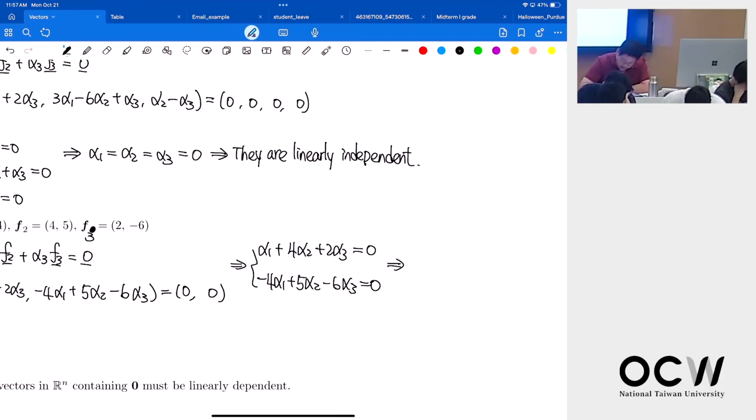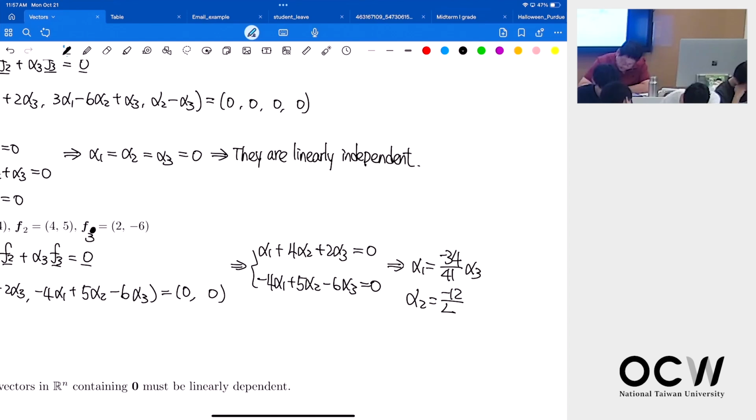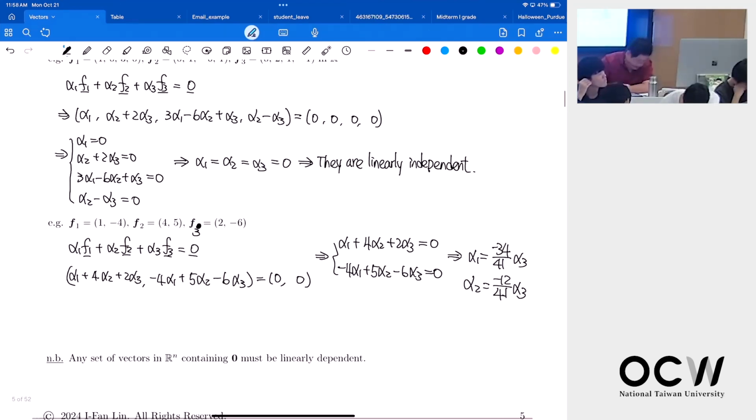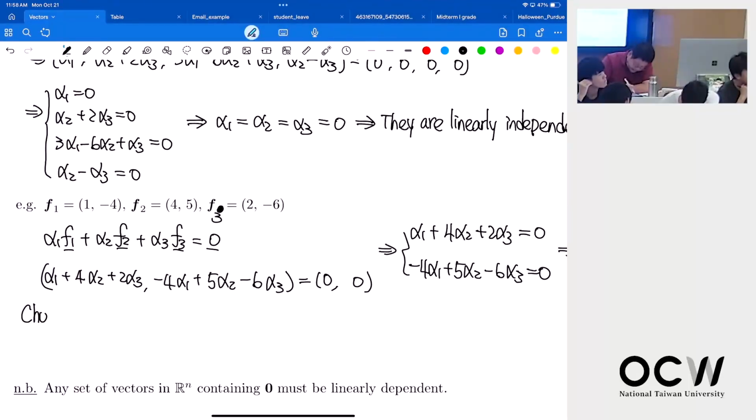How do you get alpha 1? Alpha 1 is minus 34 divided by 41 alpha 3, and alpha 2 is minus 12 divided by 41 alpha 3. So we can choose alpha 3 to be minus 41.